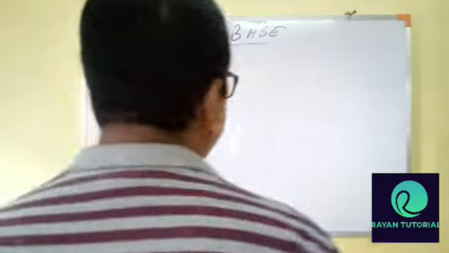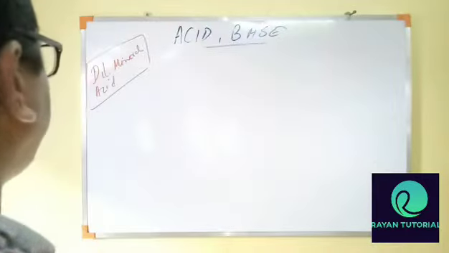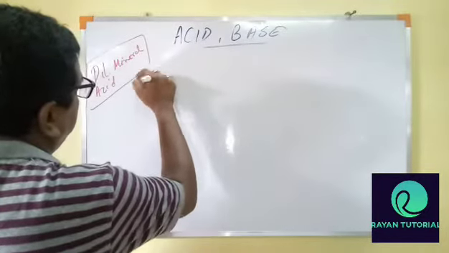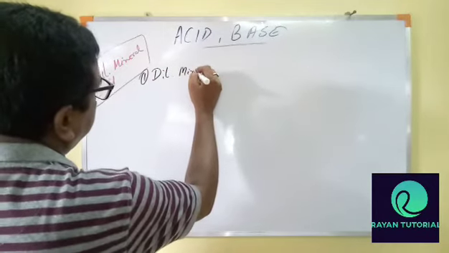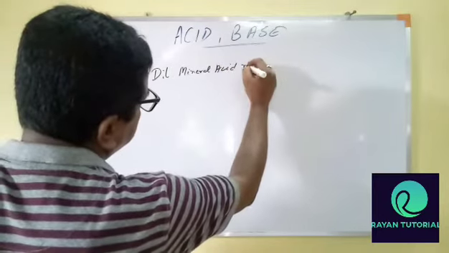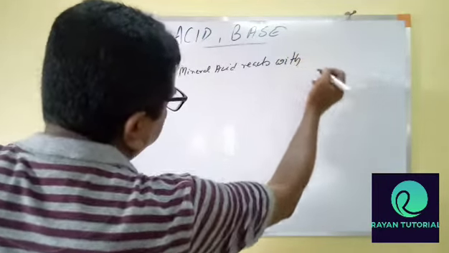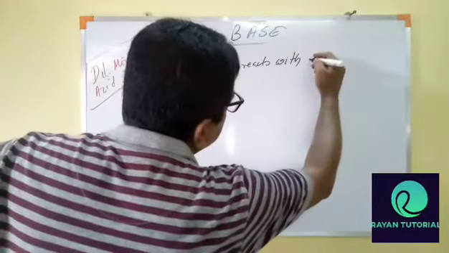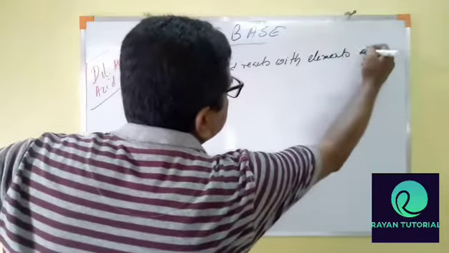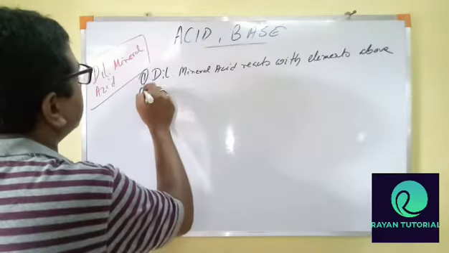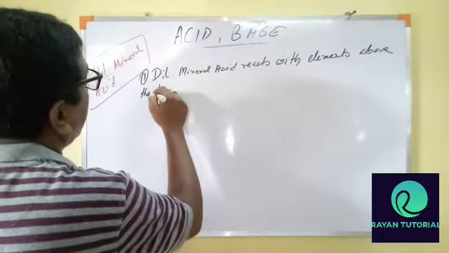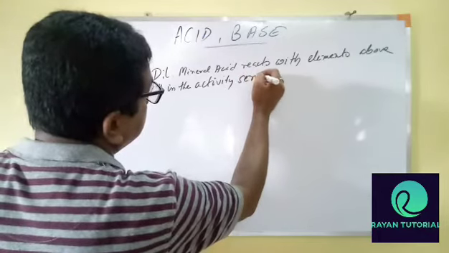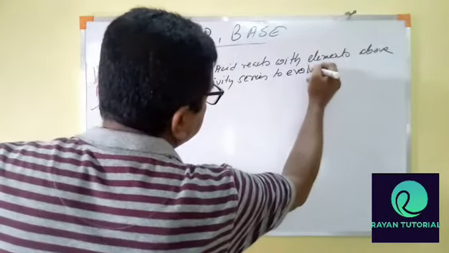So dilute mineral acid, the first thing you can say: dilute mineral acid reacts with the elements above hydrogen in the activity series to evolve hydrogen.